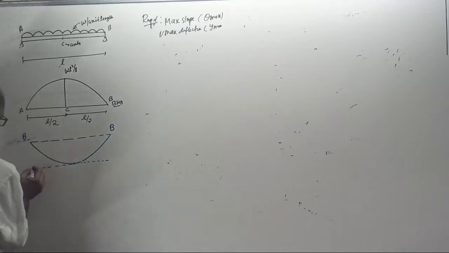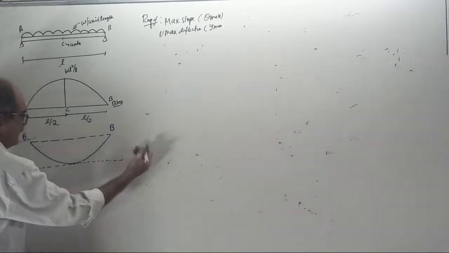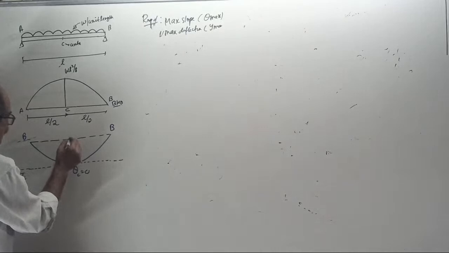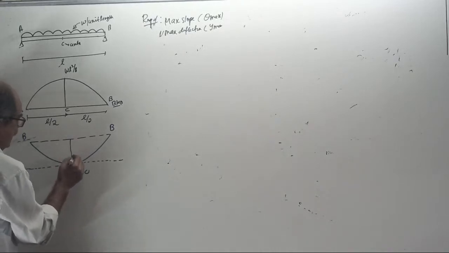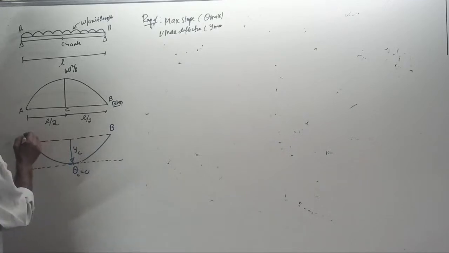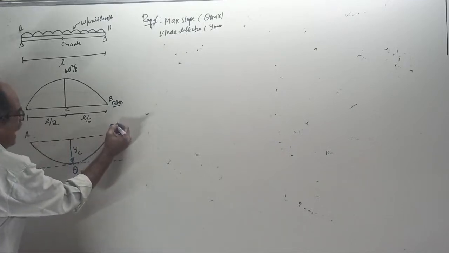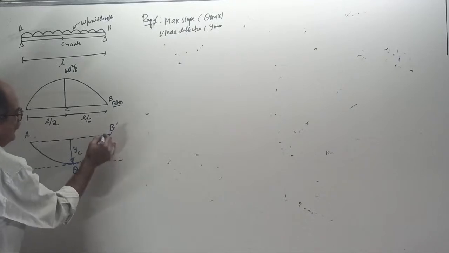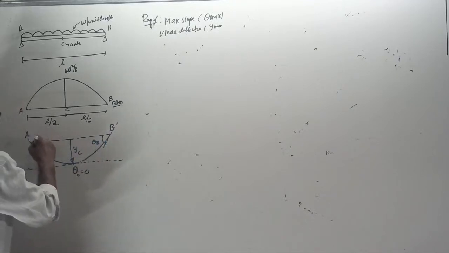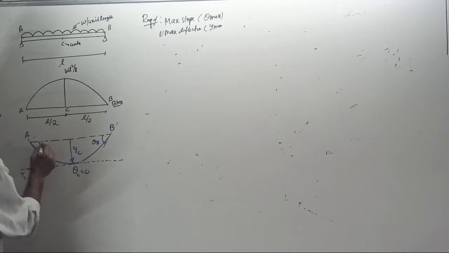This is the tangent at C. Theta C equal to 0. This is your y at C. And this is A. Now draw a tangent to the elastic curve here. This is your theta B. Draw a tangent to the elastic curve here. This is your theta A.